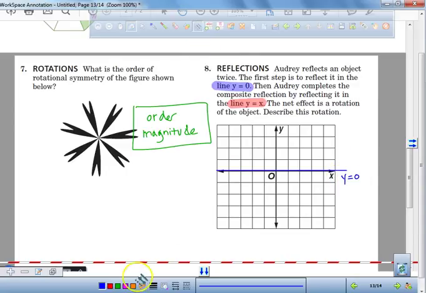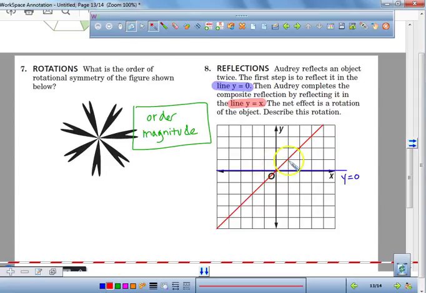The next thing I would like you to do is draw the line y equals x. And be very careful as you draw this, because if you mess up, it's not going to be y equals x. Y equals x should go up 1 over 1, up 1 over 1, up 1 over 1, and it keeps going on forever, up 1 and over 1. So there are your 2 lines that you're going to be reflecting across.